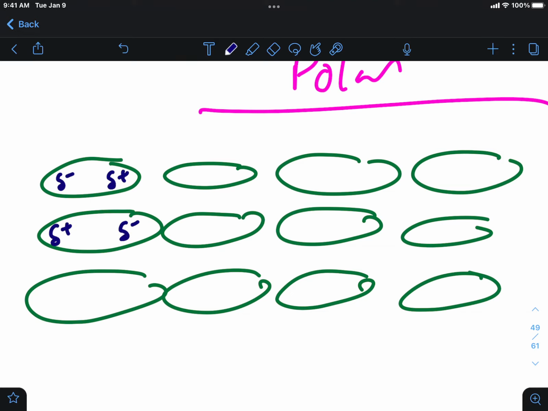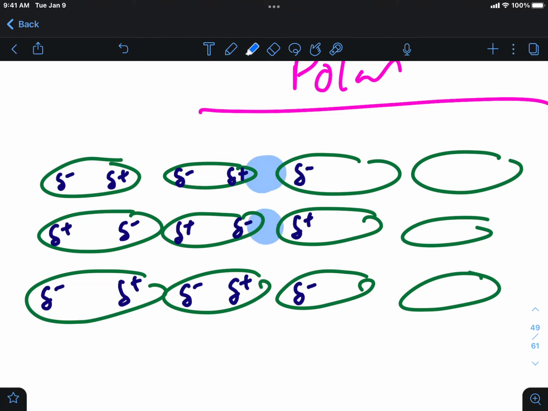And the arrangement of these delta charges has to make sense. The partially positive sides attract partially negative sides. The partially negative sides attract partially positive sides, and so on. And we don't have to fill out all of these. Just draw enough in here so you get an example. So the attractions that are taking place here, here, here, here, here, here, here, here, here, here. Right? There's lots of attractions taking place.